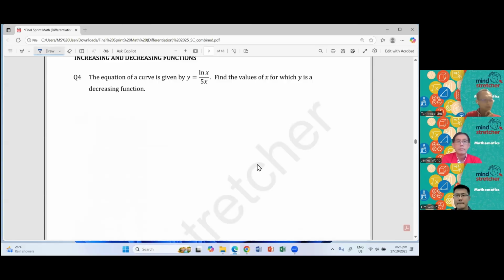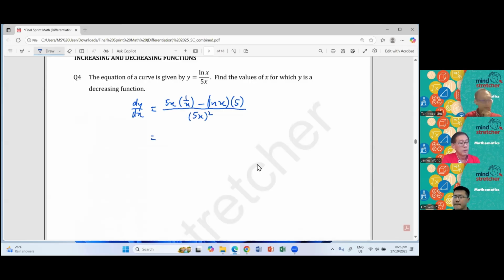Let's do the dy/dx first. How do we do this? We use the quotient rule. So this will be 5x multiplied by 1 over x, minus ln x multiplied by 5, over v squared, which is (5x) squared.